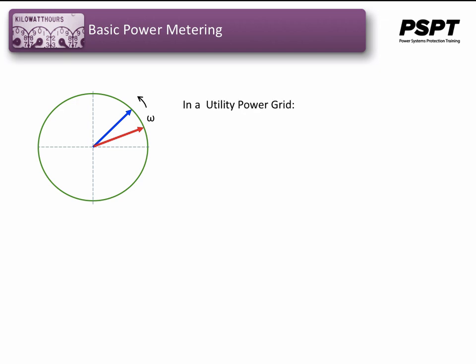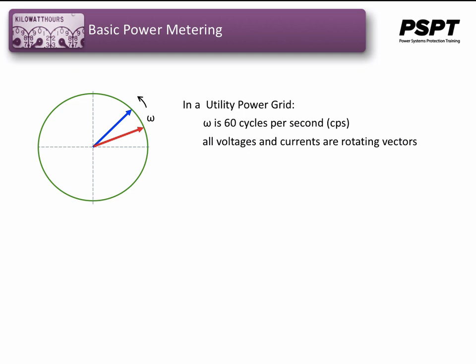In a utility power grid, omega is 60 cycles per second, at least in North America. In Europe and some places in South America, they use 50 cycles per second as a standard. However, here in North America, it's 60 cycles a second.